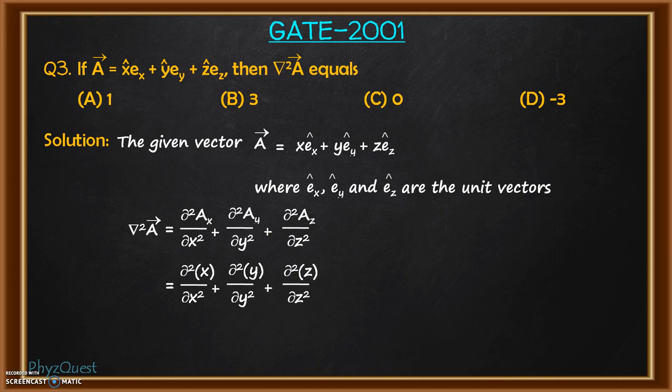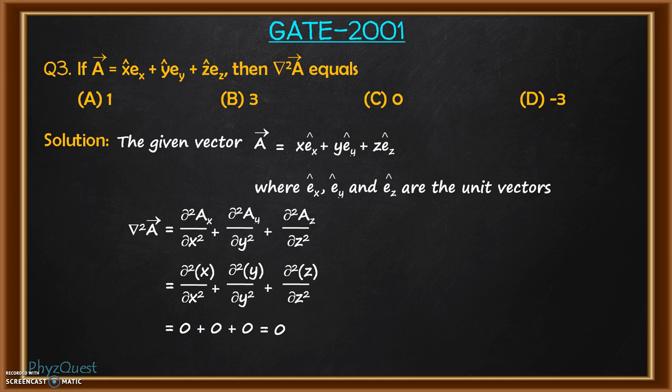Now, all these involve double differentiation. The first differentiation in each case will lead to the answer 1. However, when you do the second differentiation, each of the terms will lead to the value 0. So this will be 0 plus 0 plus 0. The total answer is of course 0.